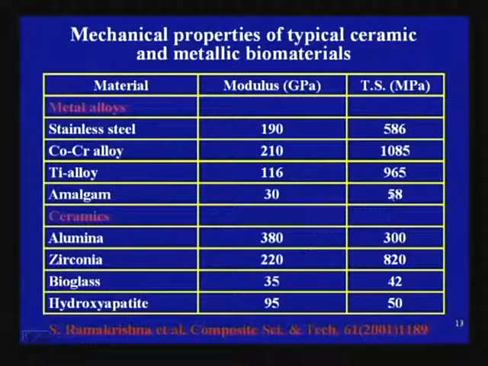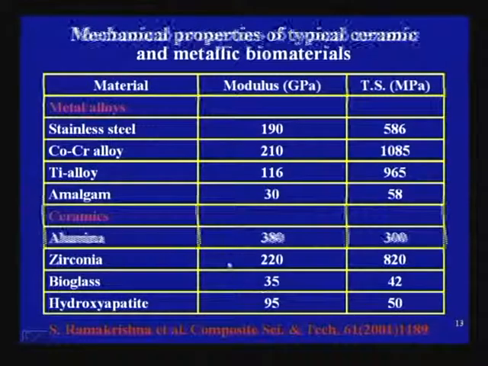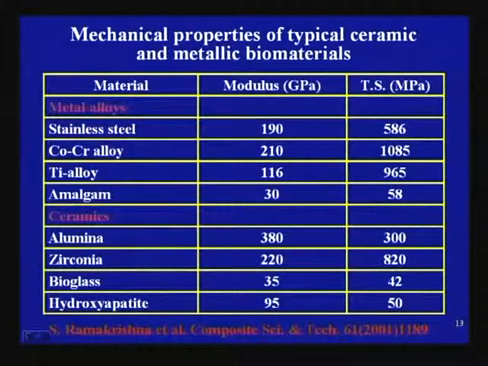You compare, metals are stronger, tensile strengths are more in case of metals, and hydroxyapatite, this is a bone mineral, but alumina, a very hard ceramic, alumina, zirconia, all the hard ceramics, their properties are higher than those of hydroxyapatite.